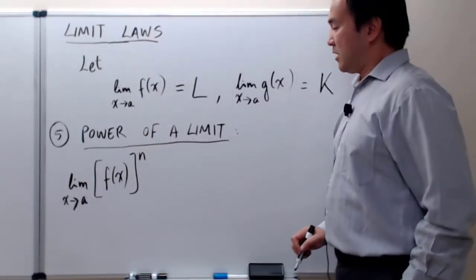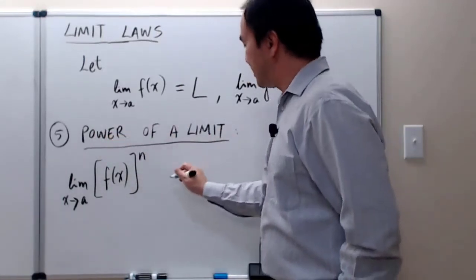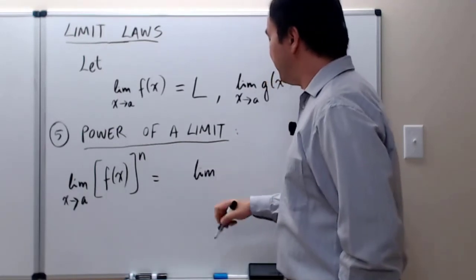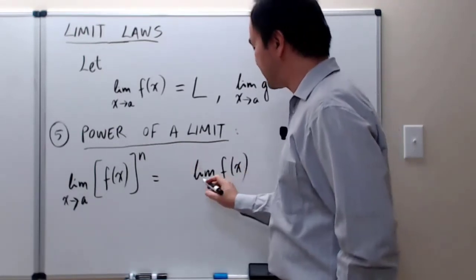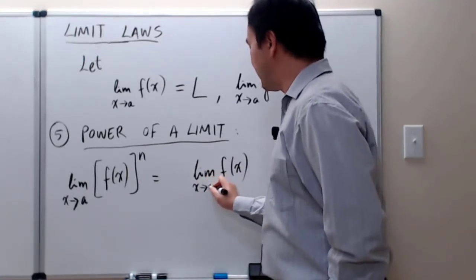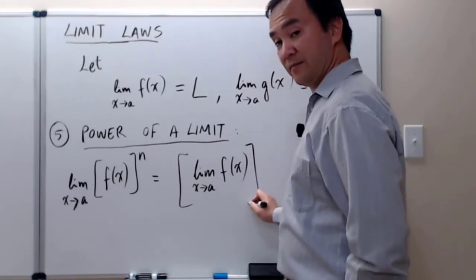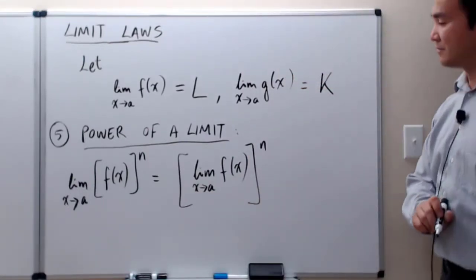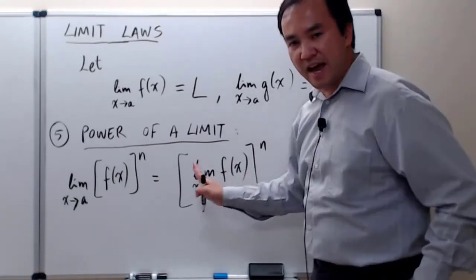This law, the power law of a limit, allows me to find just the individual limit of f of x as x gets close to a. Once we know this limit, we can just simply take that limit raised to the nth power. And there won't be any special details that need to be added to this limit.